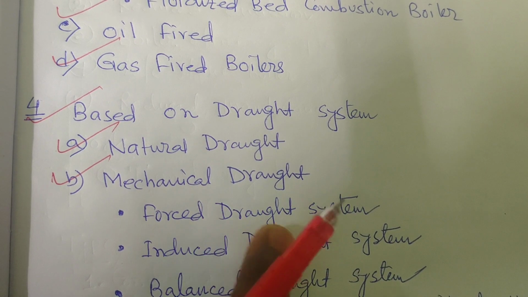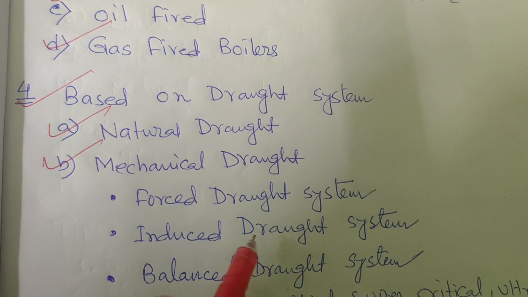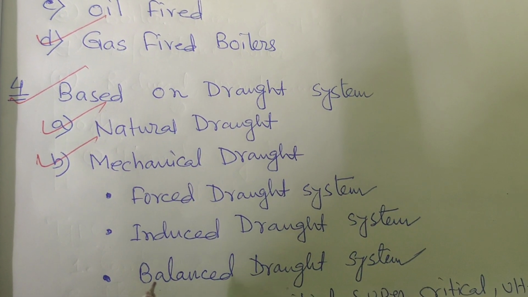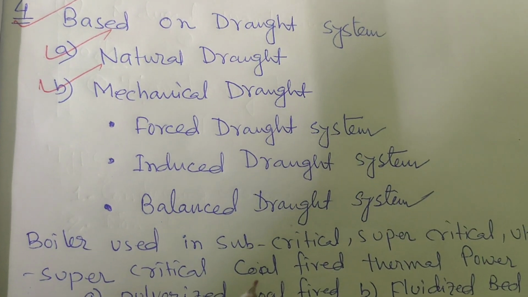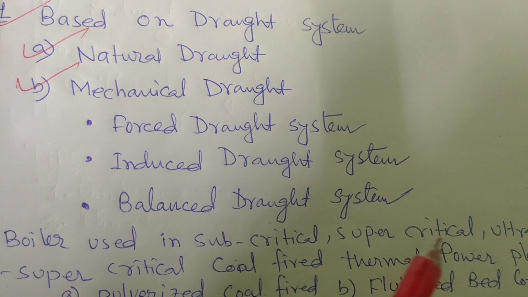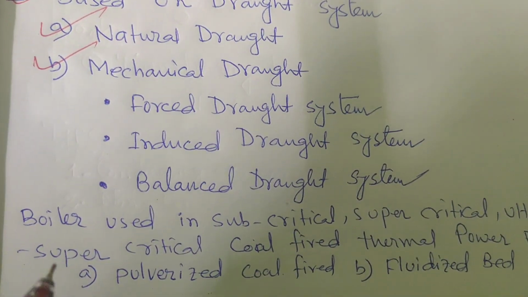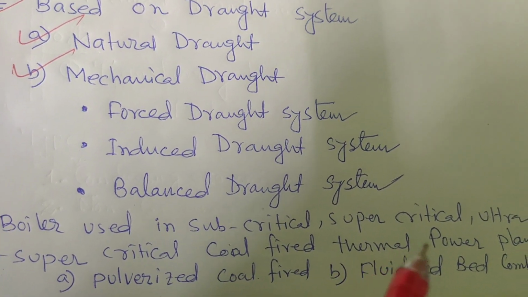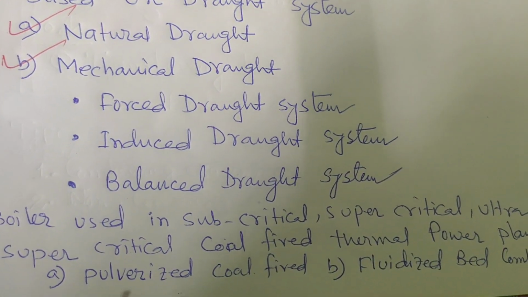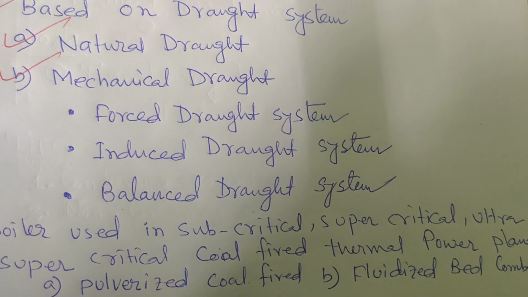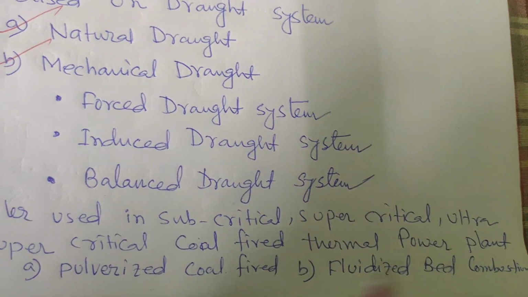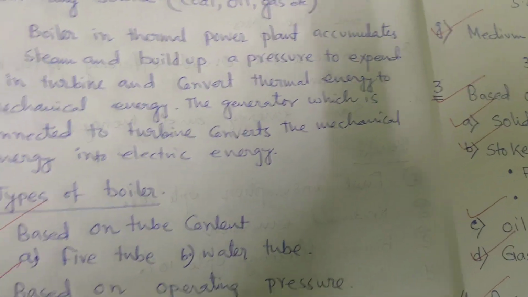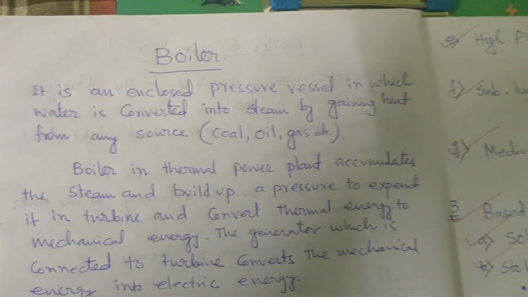Mechanical draught can be divided into forced draught system, induced draught system and balanced draught system. Boilers used in subcritical, supercritical, ultra supercritical coal-fired thermal power plants are pulverized coal-fired boilers and fluidized bed combustion boilers. So different types of boilers are being used as per our requirements.